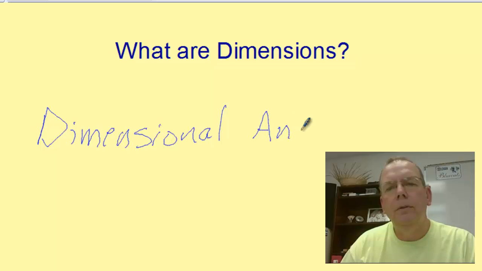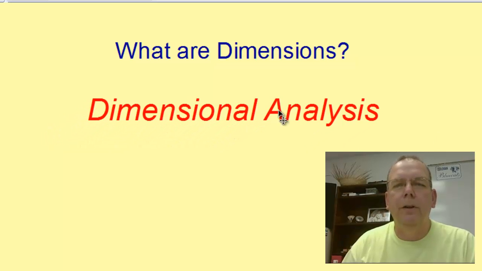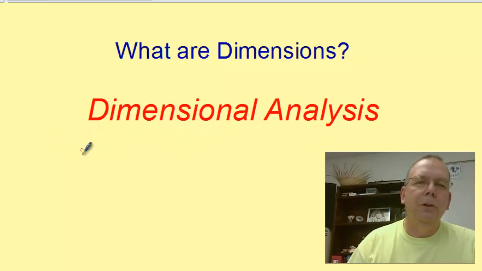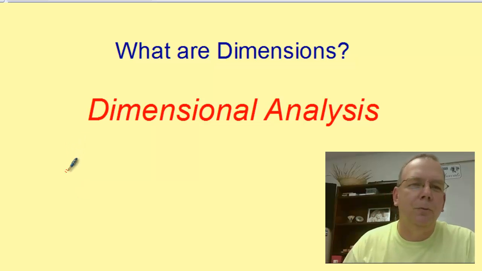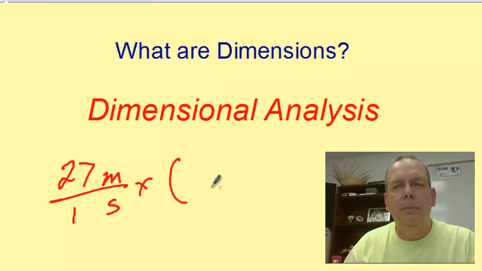So, dimensional analysis. If you think about it, that's one of those things that strikes fear in the hearts of some students. Dimensional analysis is where we say something's traveling 27 meters per second, and then we want to change that to miles per hour.